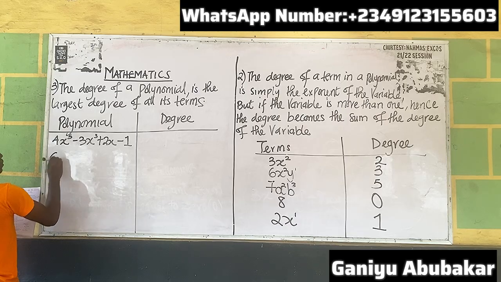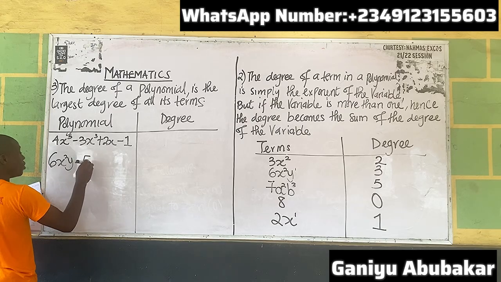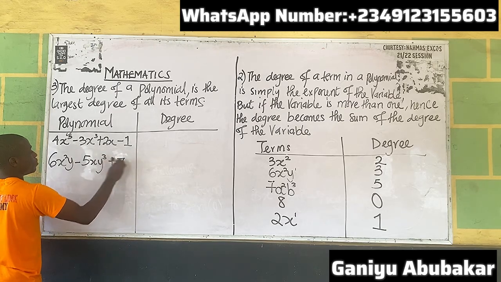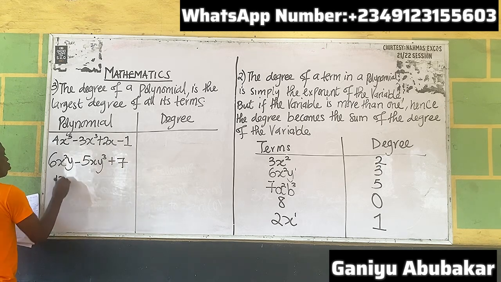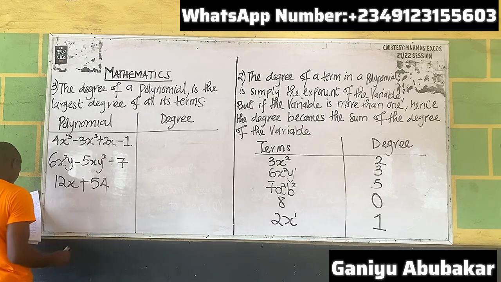Next up, I have 6x squared y minus 5xy cubed plus 7. I have 12x plus 54. All right.